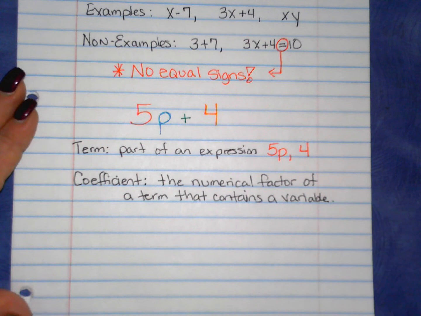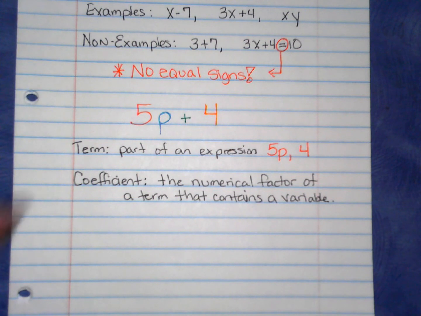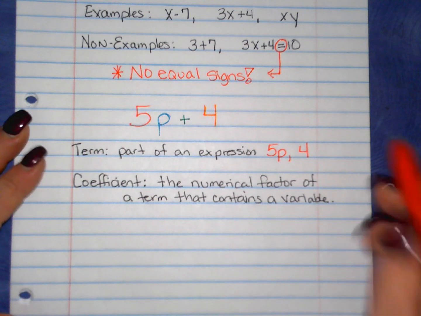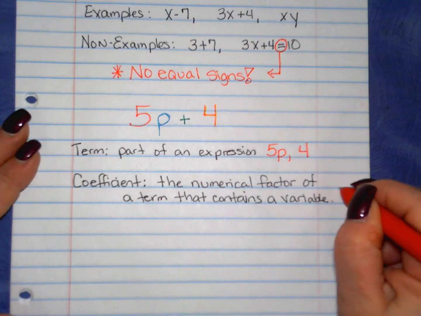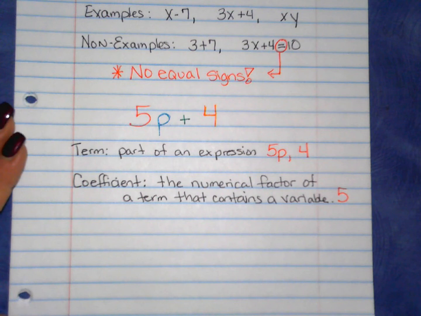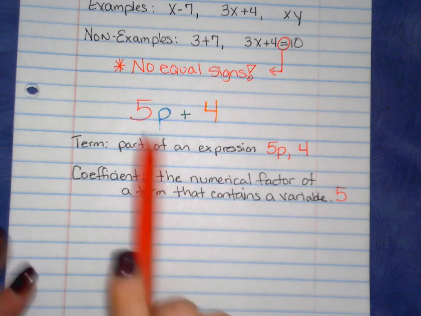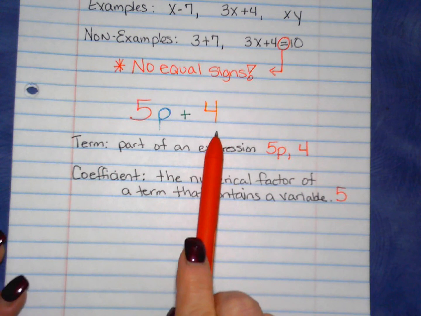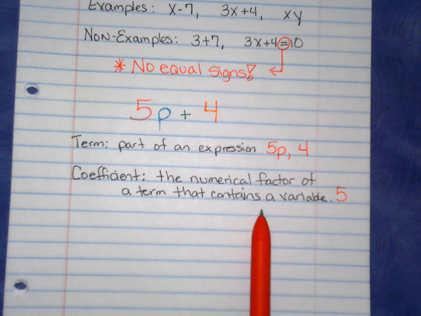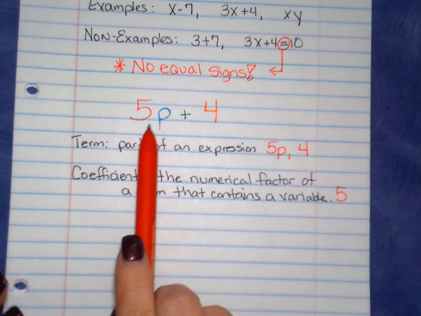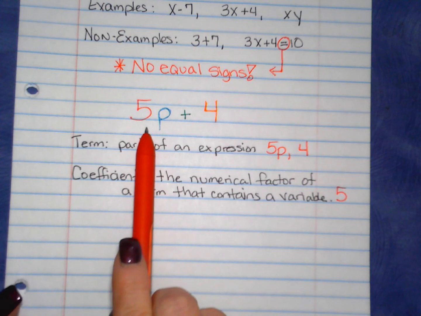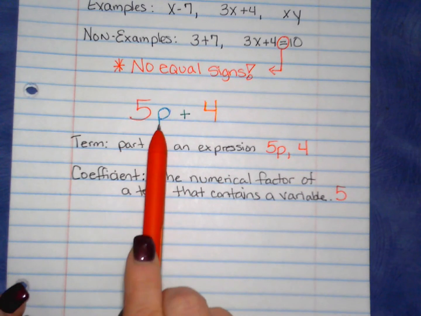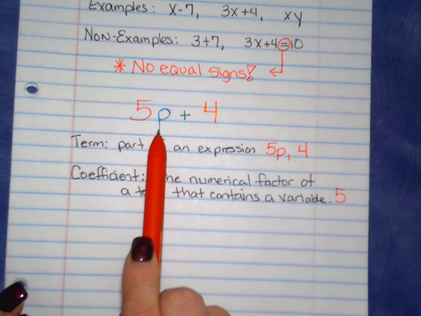Okay, and so in this expression, my coefficient is 5. Because I have two terms, but this term does not contain a variable. Remember, the definition says it has to contain a variable. This term does contain a variable, p. So 5 is my coefficient to my p.